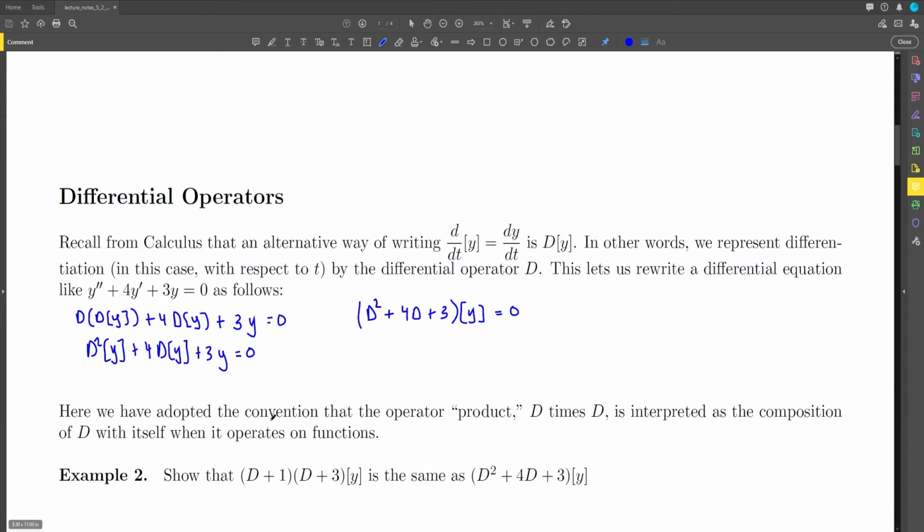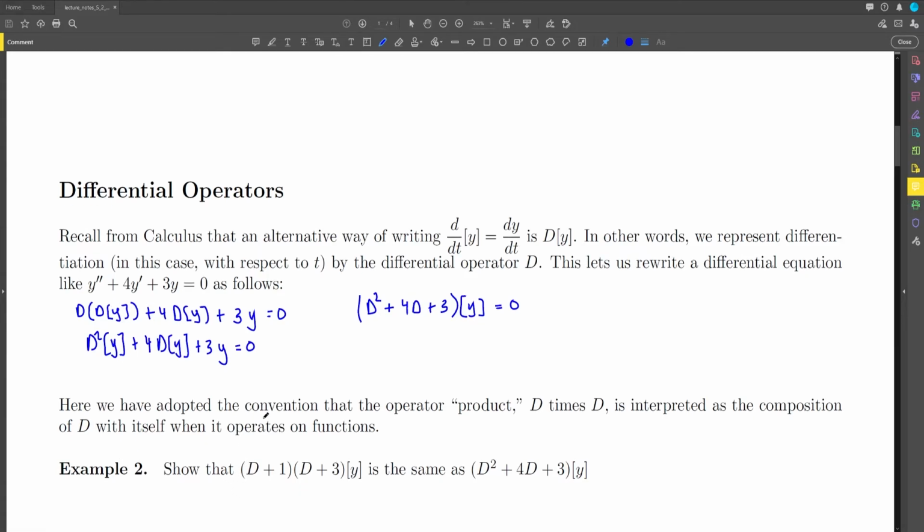So we've adopted the convention that the operator product D times D is interpreted as the composition of D with itself when it operates on functions. So D squared, we interpret that as D operating on D of y.